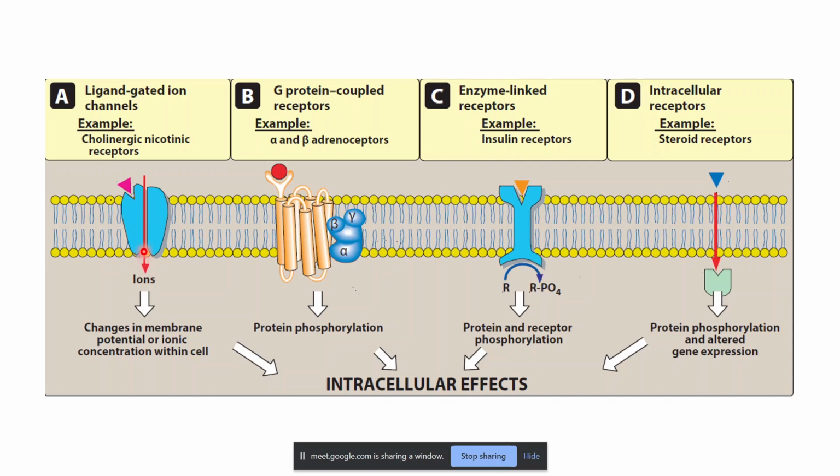Also for chloride, it can be the inhibition of the neuron. So for example, GABA receptors in the central nervous system will promote a decrease in neuron excitation.